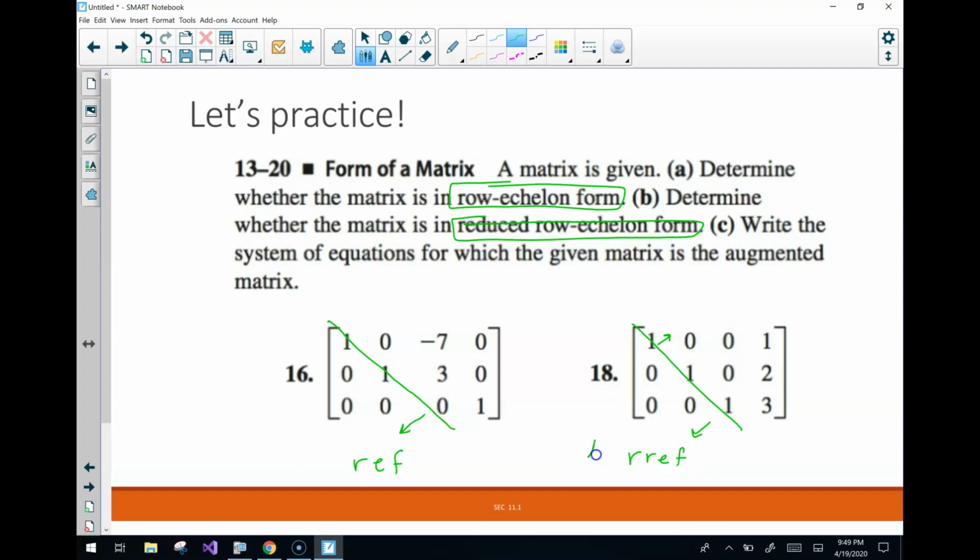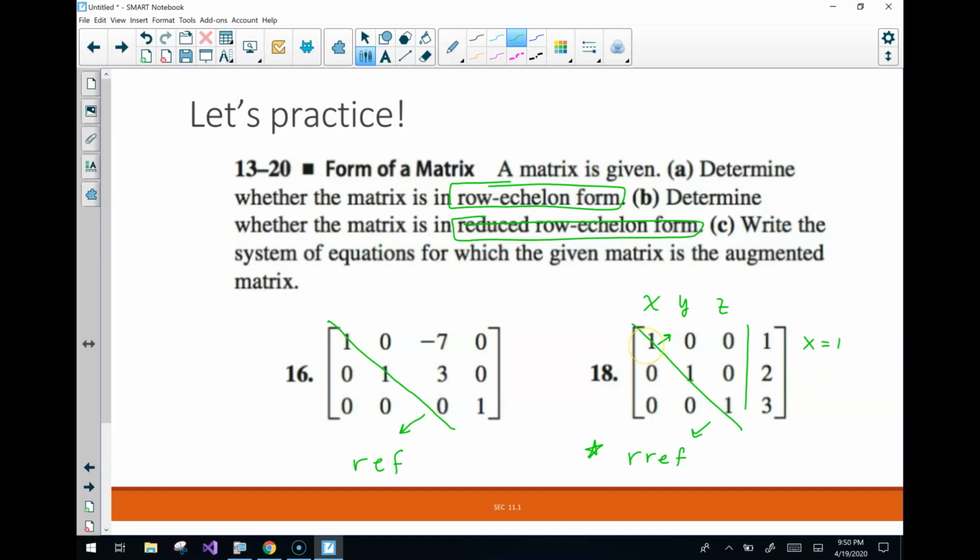Reduced row echelon form is going to be our preferred method. We're only going to do this one. If, for example, this were variables x, y, and z, and the other side of the equal sign, here we would say x is equal to 1.